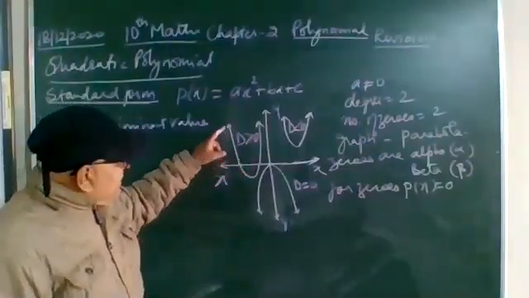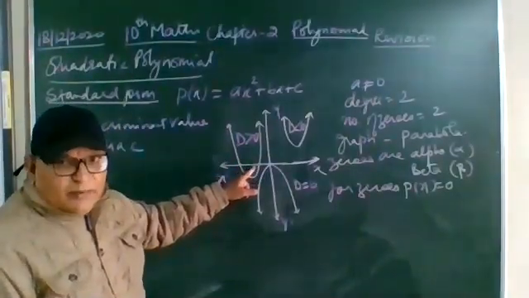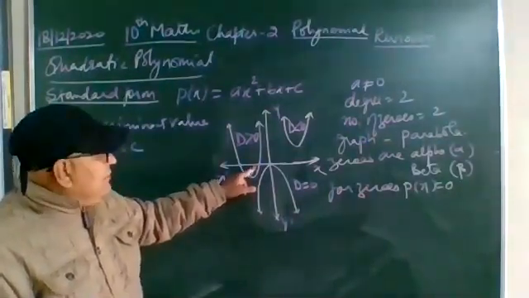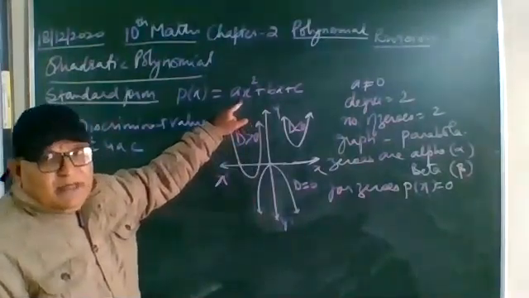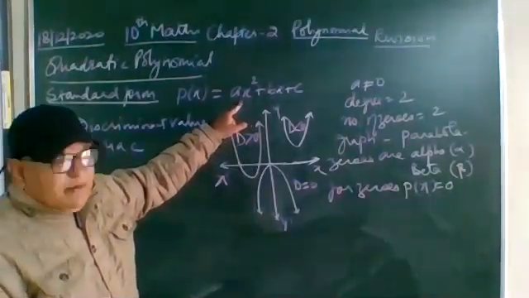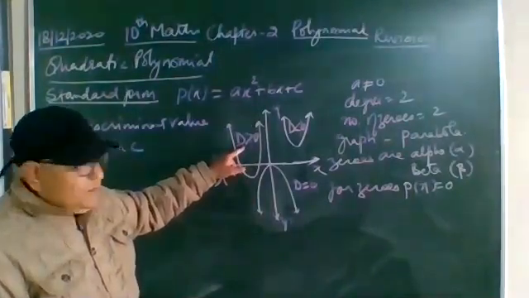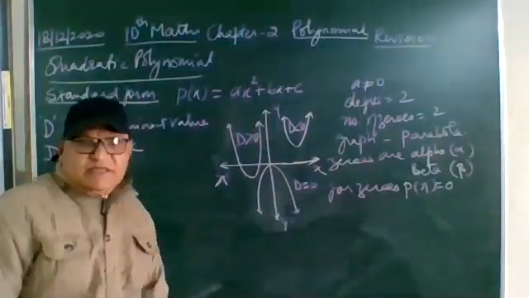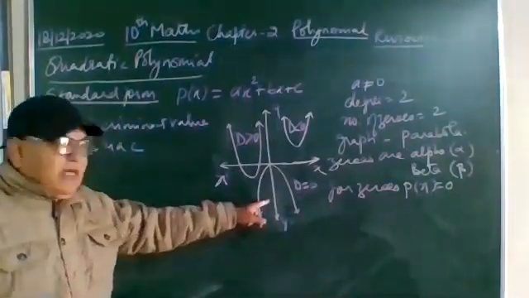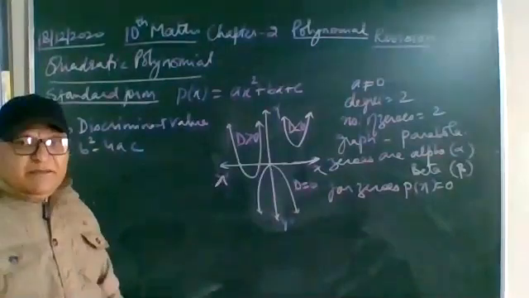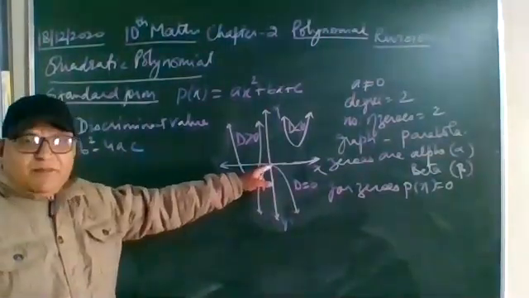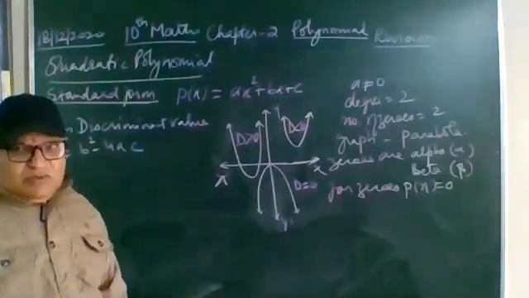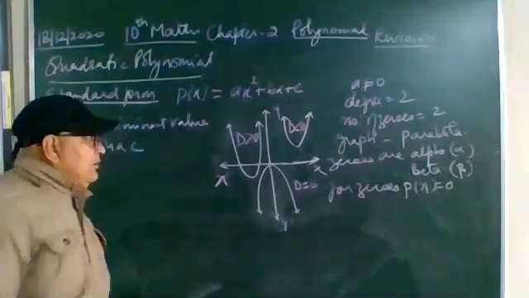If the parabola is intersecting the x-axis at 2 points, and the expression has the x variable, then D is greater than 0. If the parabola is not intersecting, then you will say imaginary zeros. But here it is inverted, and it is touching the x-axis at 1 point, then you will say that the parabola has equal zeros, alpha and beta are equal.